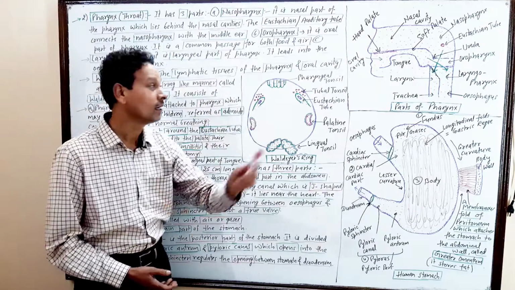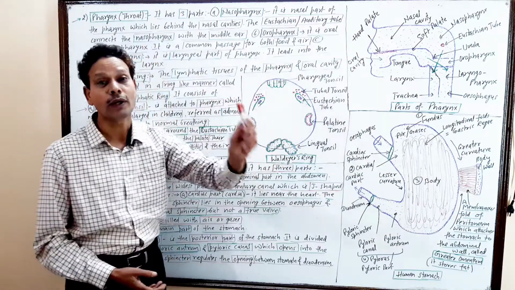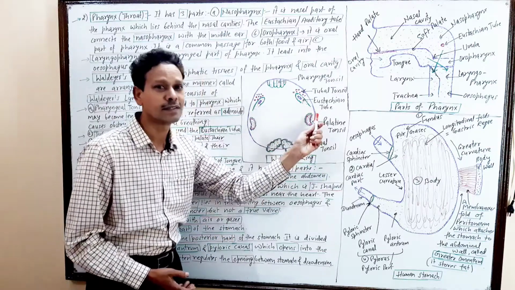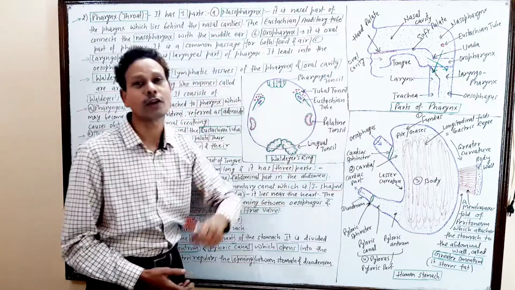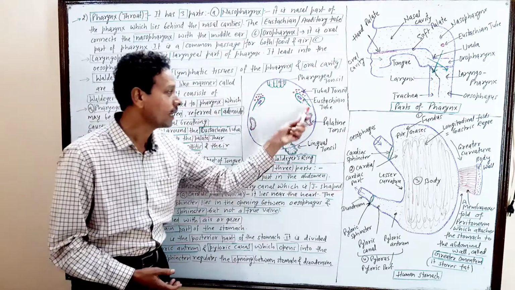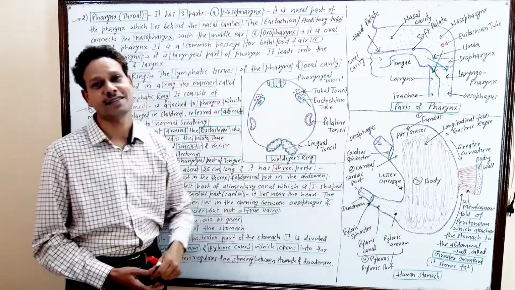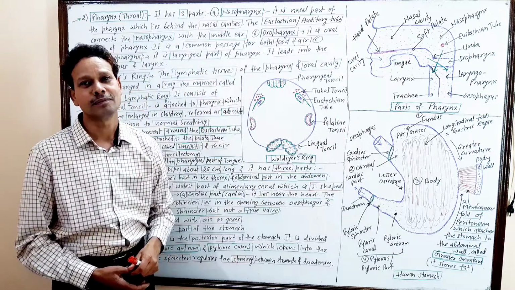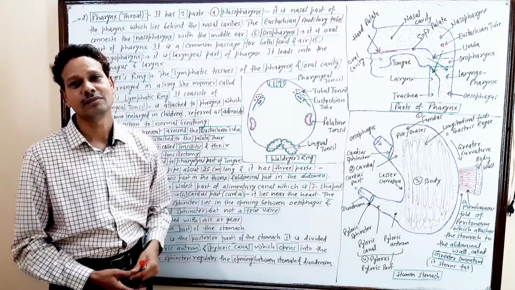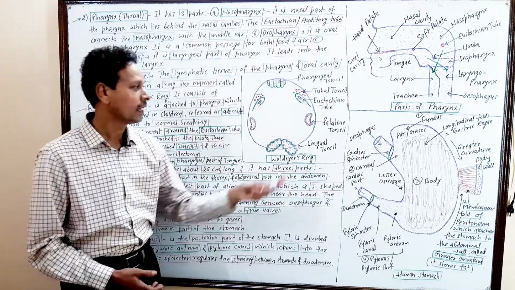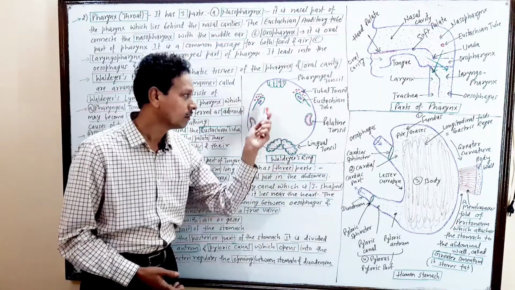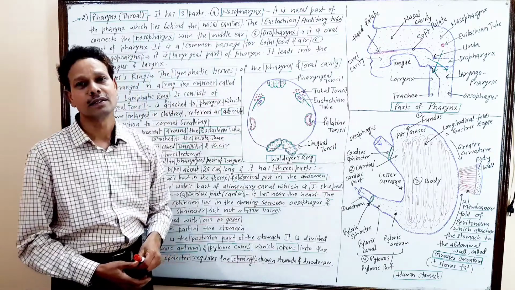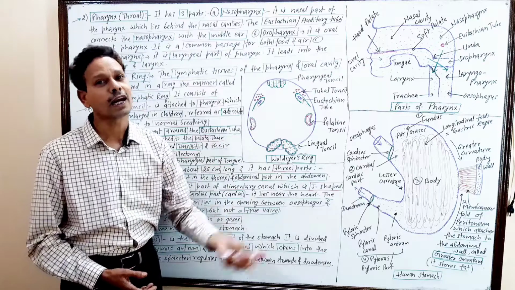Note down this point: pharyngeal tonsil enlargement is a common disorder of children. But in case of adults, the very common disorder of tonsils is tonsillitis. Infection of these palatine tonsils may lead to sore throat, and it requires a surgery, the removal of palatine tonsils, that is called tonsillectomy.